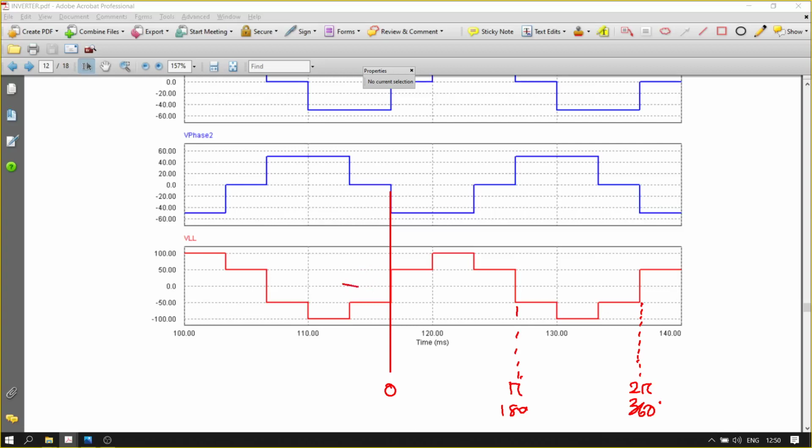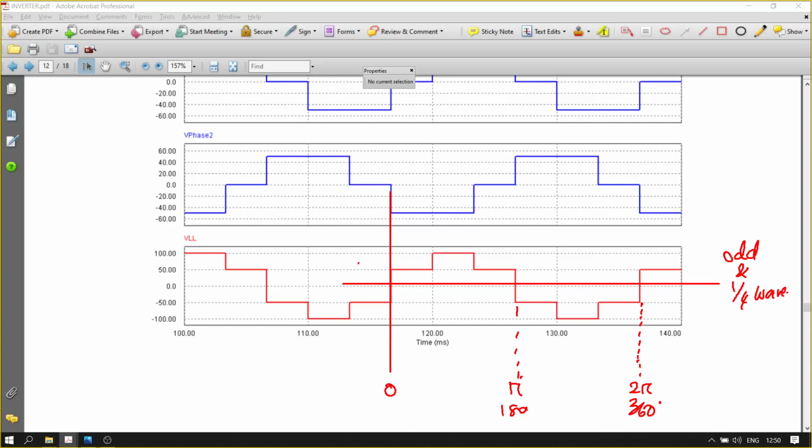Look at that. Look again. This is odd and quarter wave as well. Okay, so you have this as a, look at that.